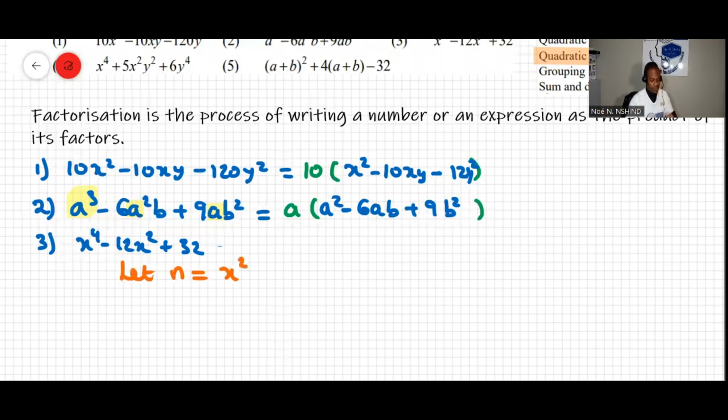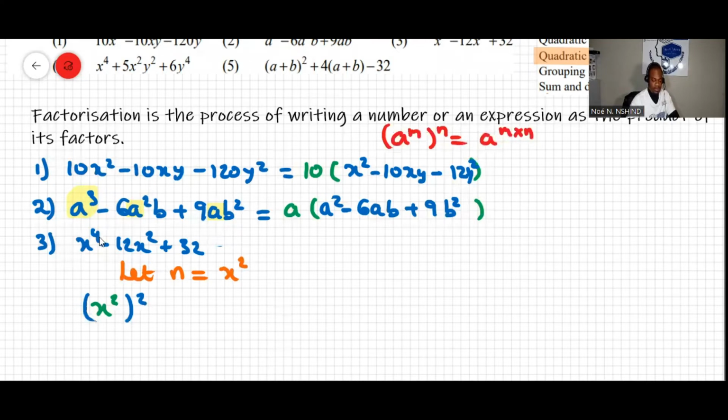So x to the power 4 here, we can write as x squared to the power of 2. Note that a to the m to the n equals a to the m times n. So x to the power of 4 can be written as x squared to the power of 2, because when we multiply exponents here, we get x to the power of 4.